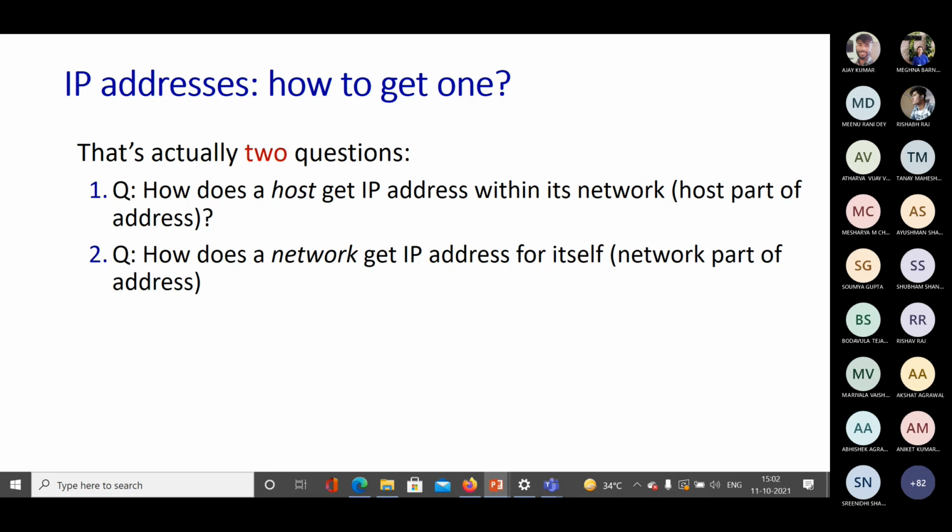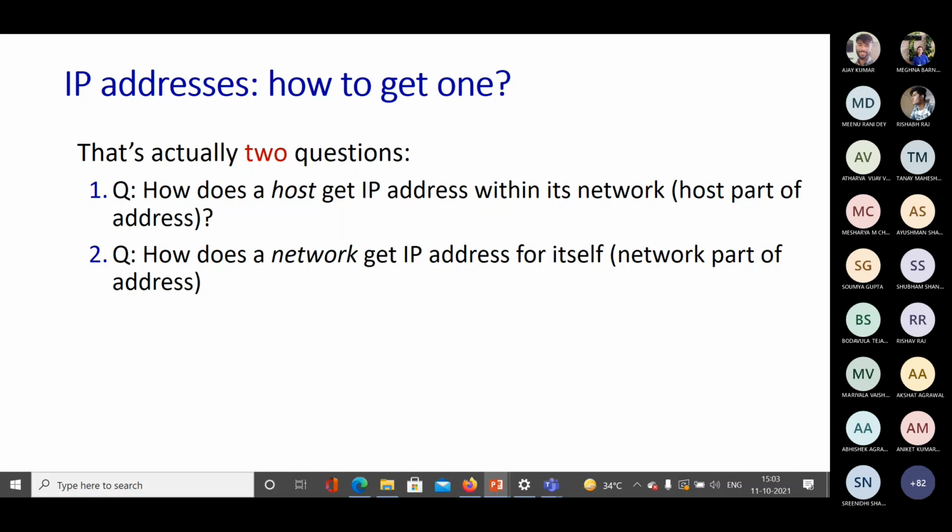Okay, so how are they getting the host part, and how is the subnet part being received at the subnet side? So that means if you are connected to an ISP, how is that ISP getting that subnet address so that it can give you, or give all the n devices, their IP address?